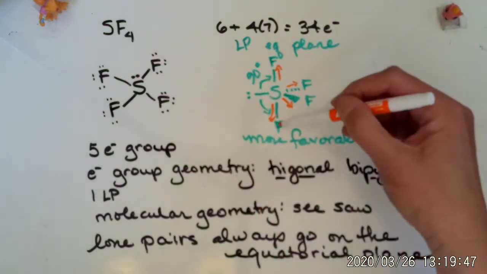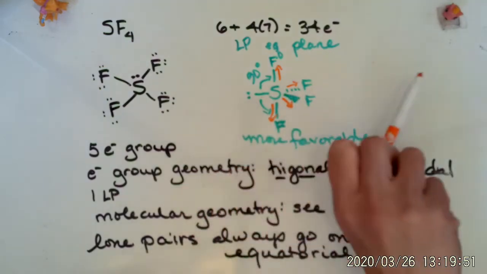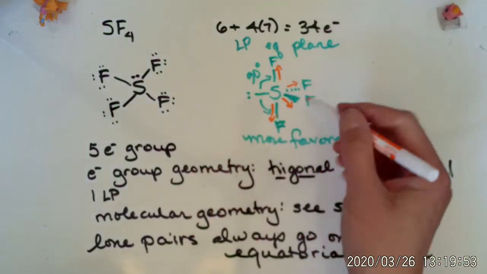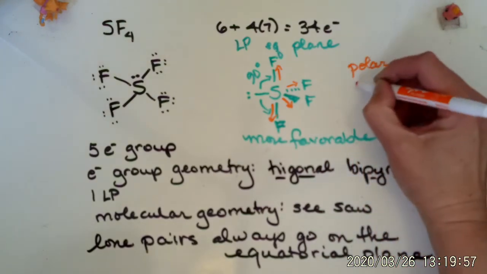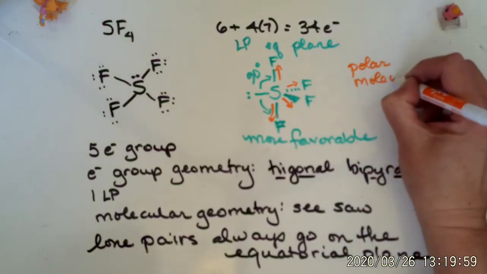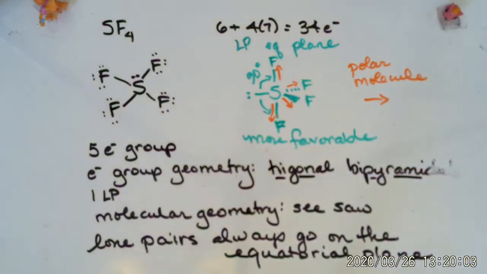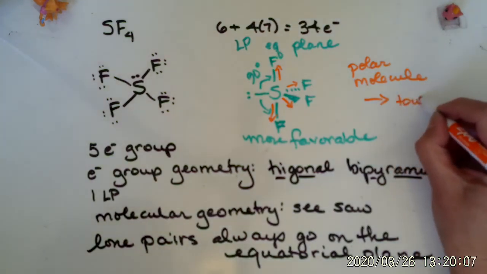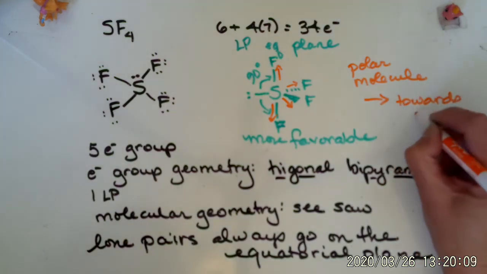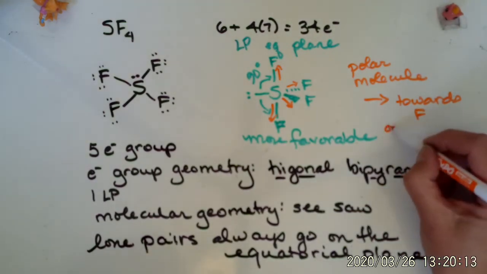So these might cancel each other out, but look, nothing is canceling out the pull in this direction. So this is a polar molecule, and from the drawing that we have, it's going to be in that direction, towards the fluorines. Okay, on the equatorial plane.